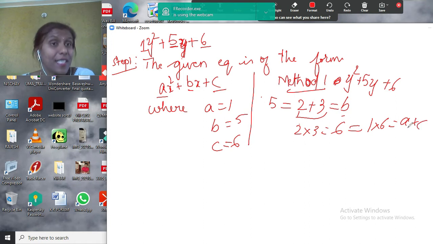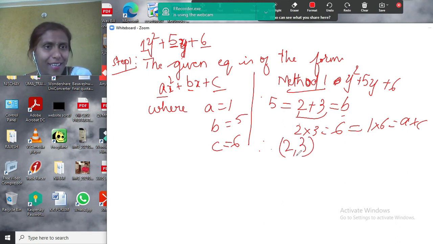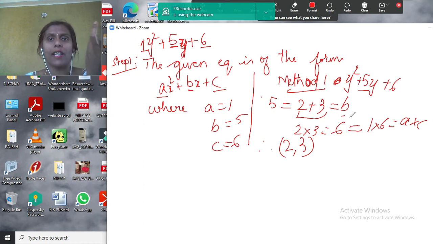So this is satisfied. Therefore, the pair of numbers is 2, 3. Done. So I split B, 5, as 2 plus 3, such that their addition gives me B and their multiplication gives me A into C.